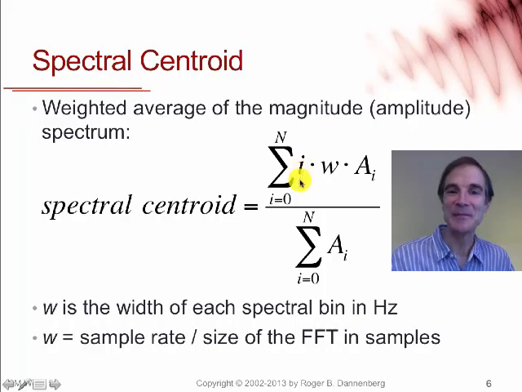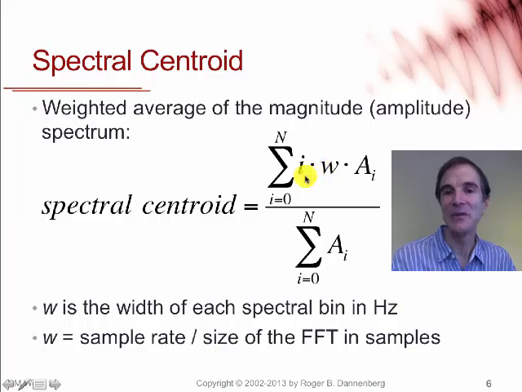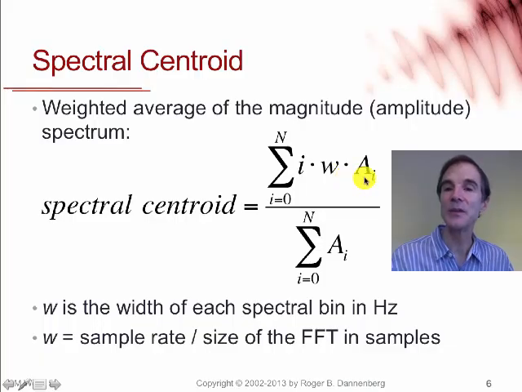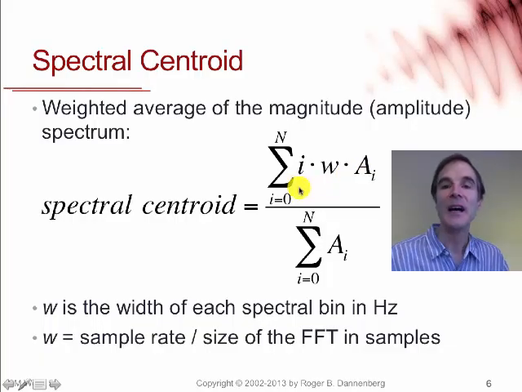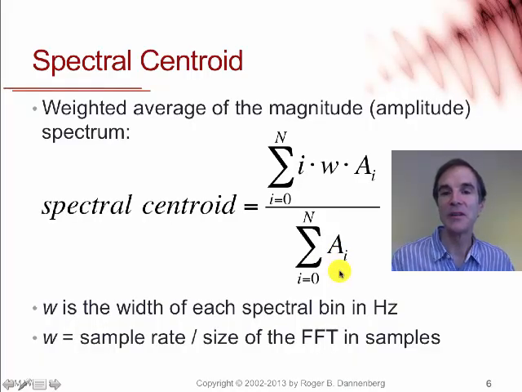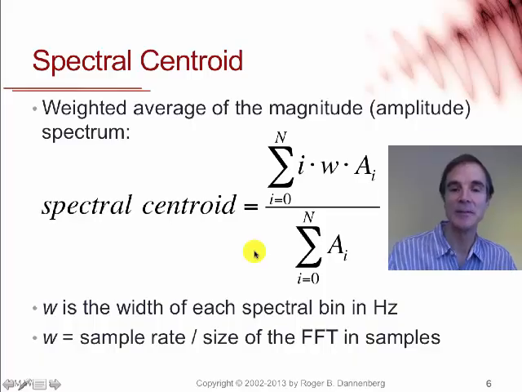So this is the index into the array or into the amplitude spectrum, and we take I times the width of the bin, and so that gives us the frequency corresponding to the amplitude sub I. And then we normalize that by dividing by the sum of all A sub I. And that's a weighted sum called the spectral centroid.